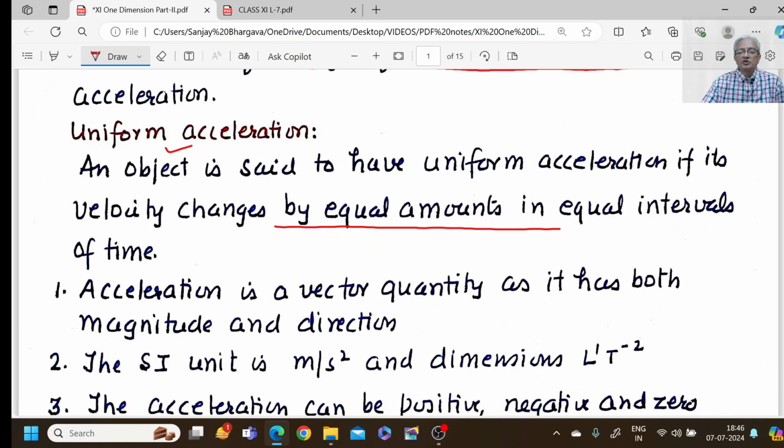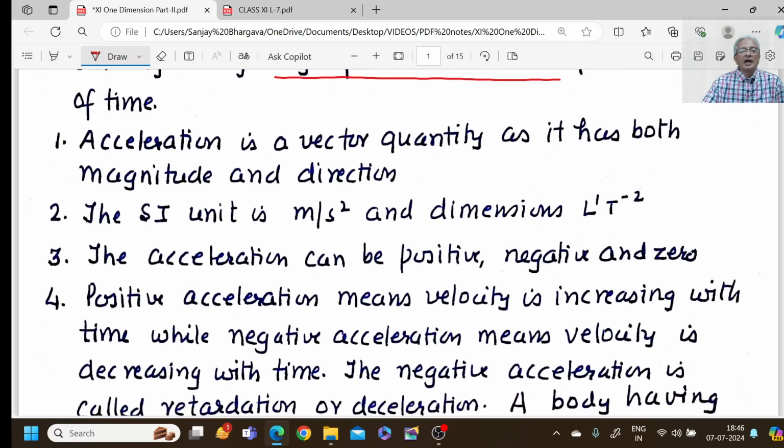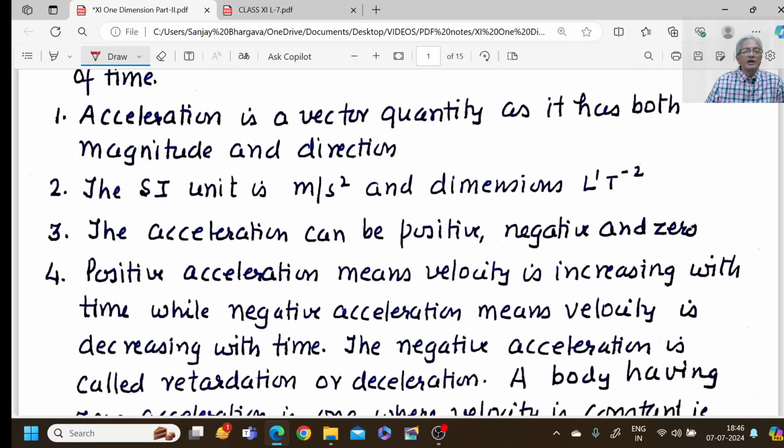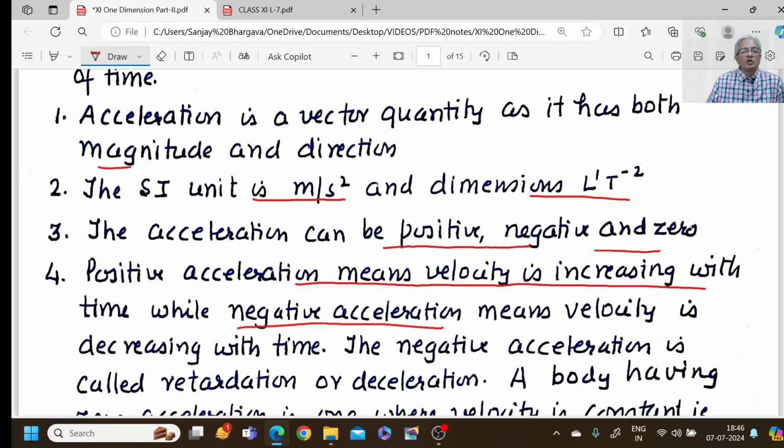Acceleration is a vector quantity as it has both magnitude and direction. The SI unit is meter per second square and the dimensions are L T to the power minus 2. The acceleration can be positive, negative or zero. Positive acceleration means velocity is increasing with time, while negative acceleration, also called retardation or deceleration, means velocity is decreasing with time.